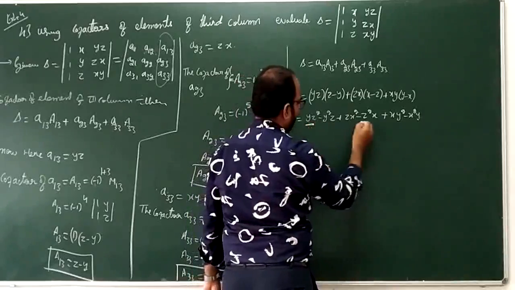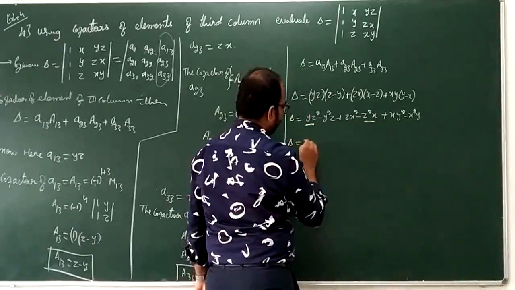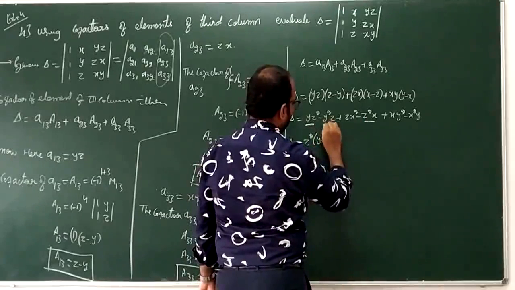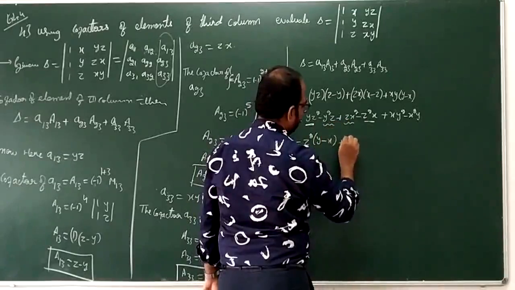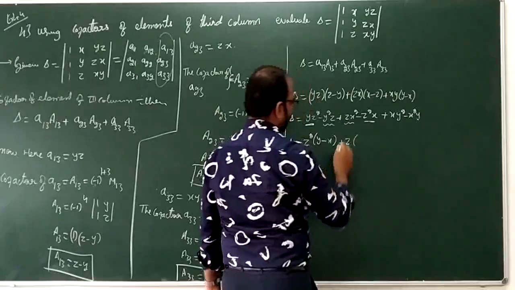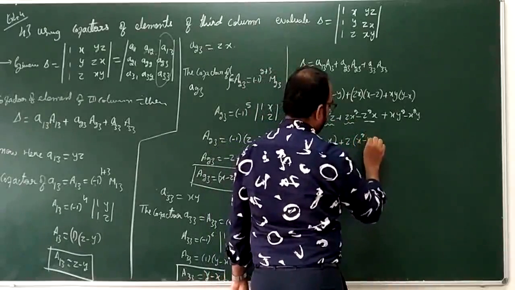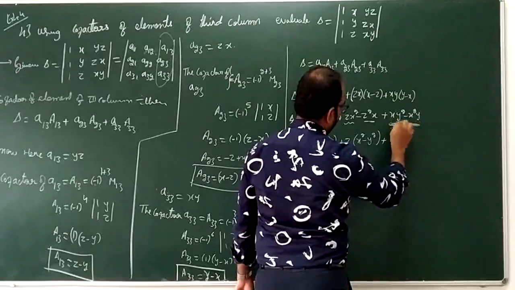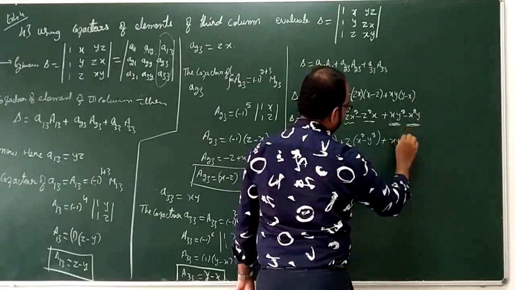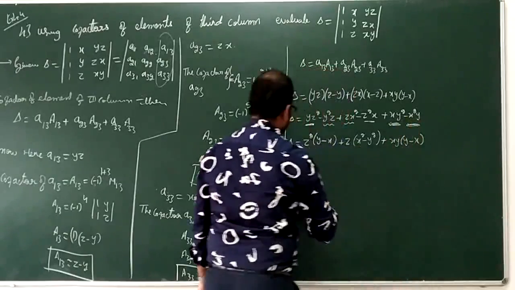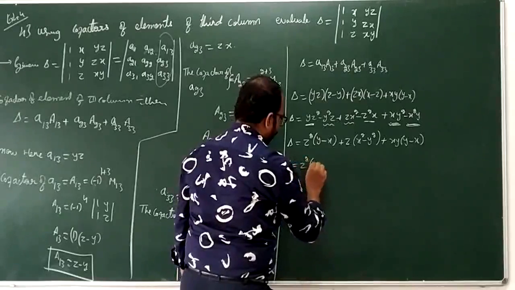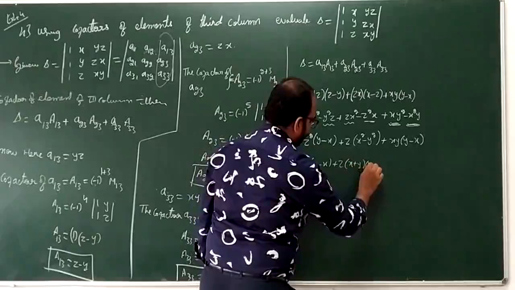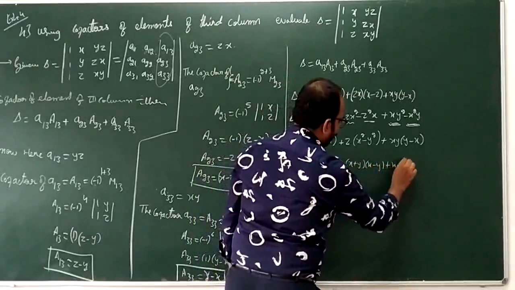Here take z common: delta is equal to z square, y minus x, plus z into x square minus y square, plus xy into y minus x.